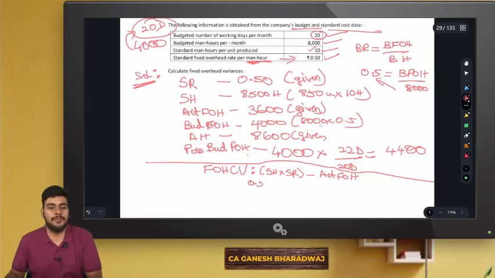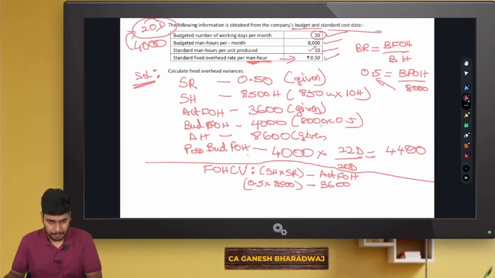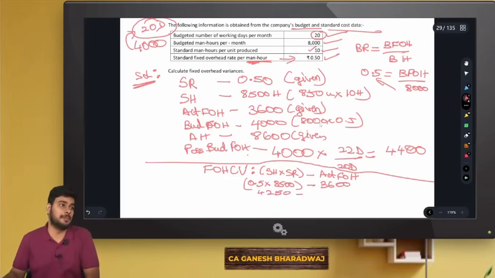This is 0.5 into 8,500 minus actual fixed overheads, 3,600. Let's put the figure. 8,500 into 0.5 is 4,250. So 4,250 I have absorbed and 3,600 is what I have actually incurred.